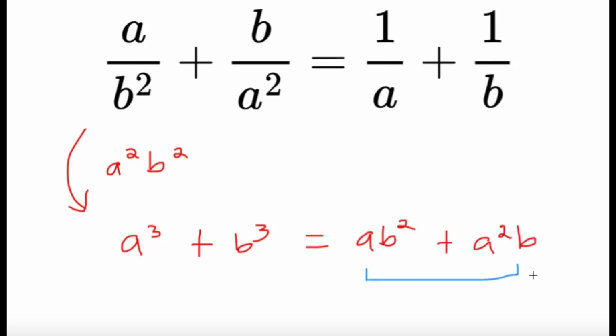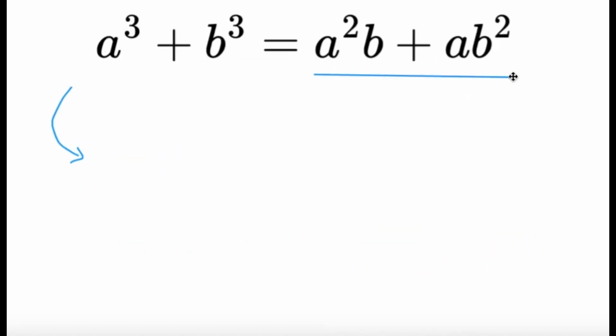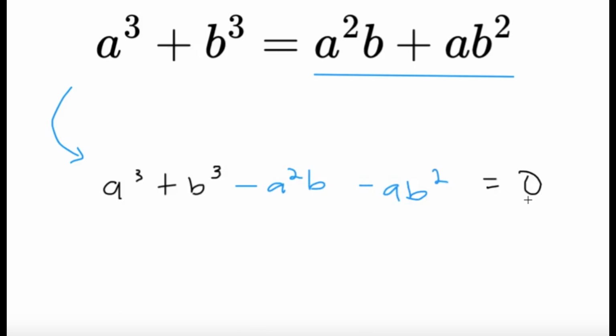On the right hand side, I can just make it a squared b plus ab squared, since addition is commutative anyway. And then I want to put everything on one side because we might be able to do some factoring here. So let's subtract a squared b plus ab squared from both sides, and that's going to give us a cubed plus b cubed minus a squared b minus ab squared, and the right hand side is going to equal 0.